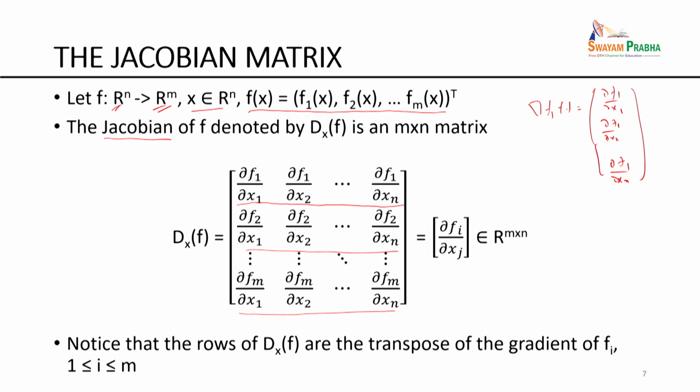So this matrix is an m by n matrix. There are m rows and n columns, it is in R m by n. This matrix is called the Jacobian matrix. So where does the Jacobian matrix come into play? When you have a vector valued function of a vector. Notice that the rows of the Jacobian are the transpose of the gradient of fi, for i equal to 1 to m.